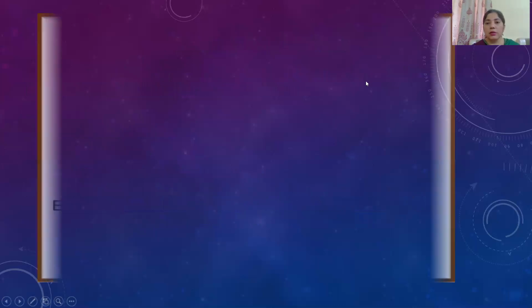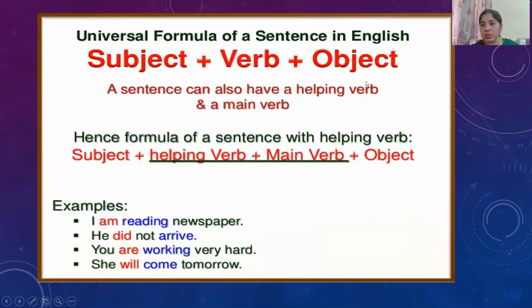Next, let us see what the components of a sentence are. Again, this is known to you. This is a universal formula for the formation of a sentence in English. Three basic components: subject, verb, and object. Subject refers to the doer of the action.